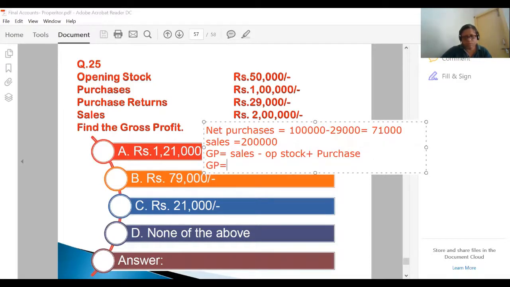So gross profit is 2 lakhs minus opening stock minus net purchases, that will give us 79,000. So the answer is 79,000.